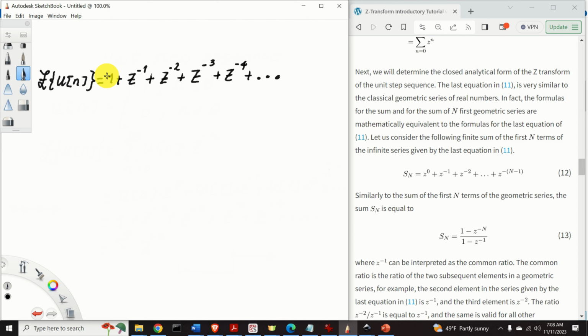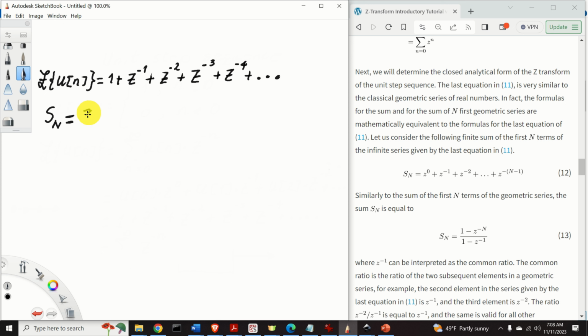This equation representing the z transform of u[n] is actually very similar to the classical geometric series of real numbers. In fact, we can use the formulas for computing the sum of the first n terms of the geometric series to compute the z transform. First of all, let us consider the finite sum. S with a capital letter N is the sum of the first n terms.